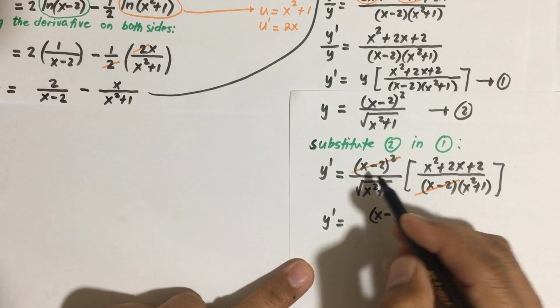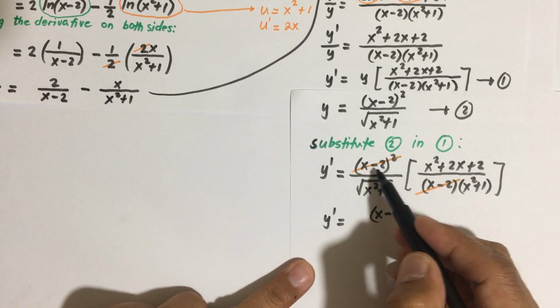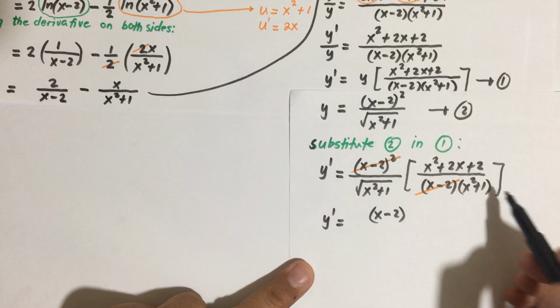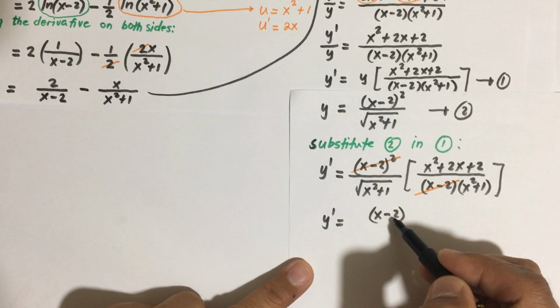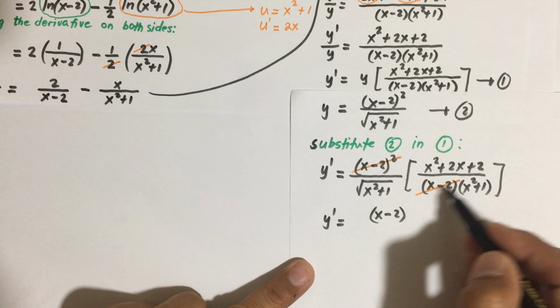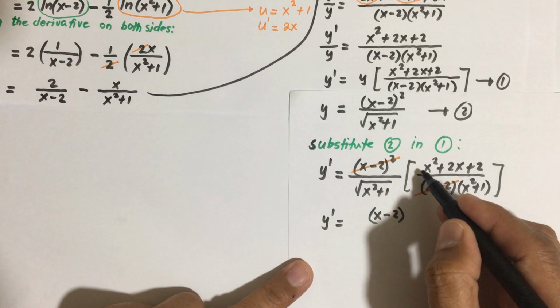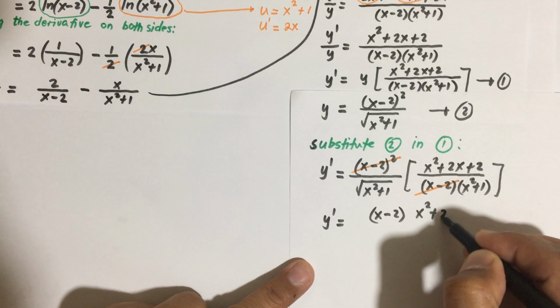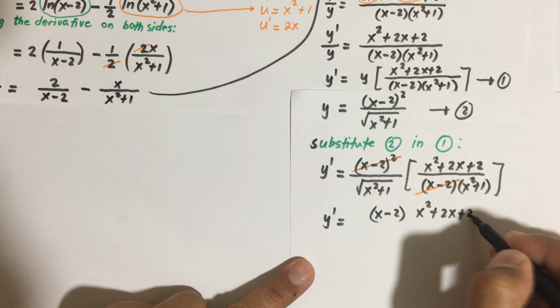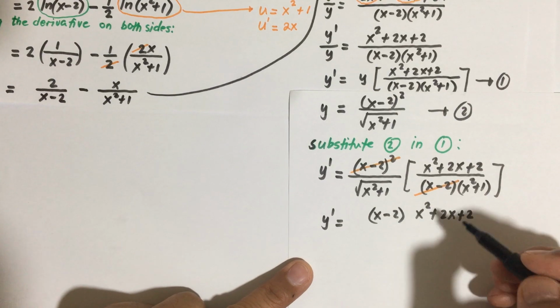The rule in multiplication of fractions is to multiply the numerators and multiply the denominators. So we have x minus 2 that is left after the division, multiplied by the numerator x squared plus 2x plus 2.